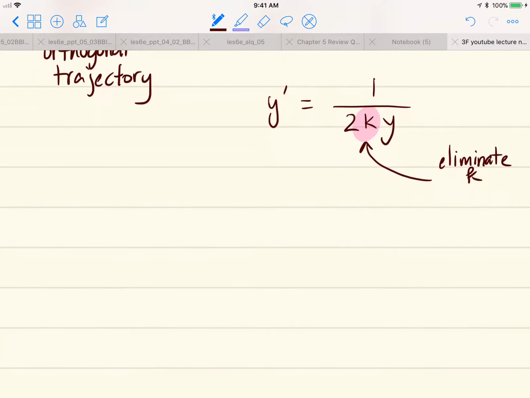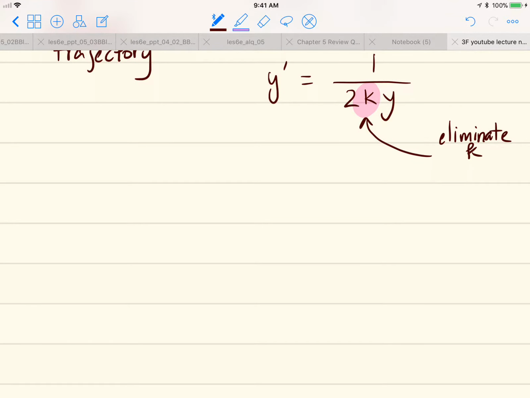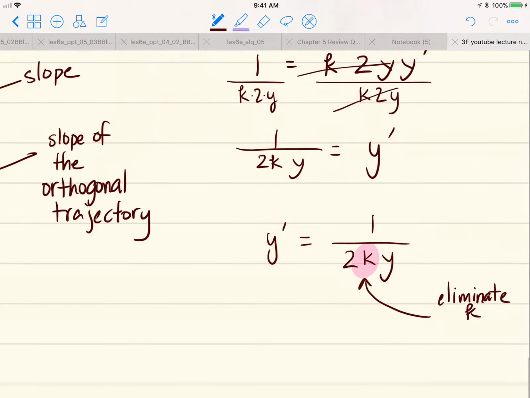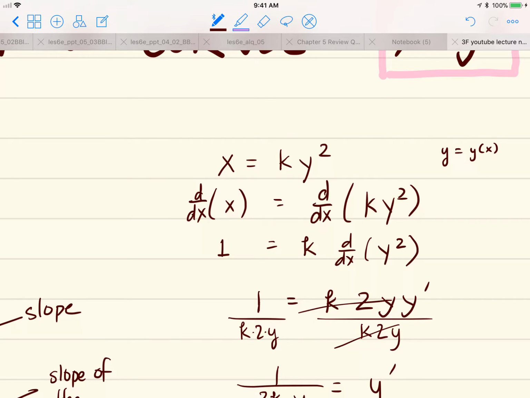I need a function that is only in terms of x and y. So how do I eliminate k? Well, remember, I've got this equation right here. So my parabola satisfies this equation, and from this equation, I see that k has to be x over y squared, because I divided both sides by y squared.